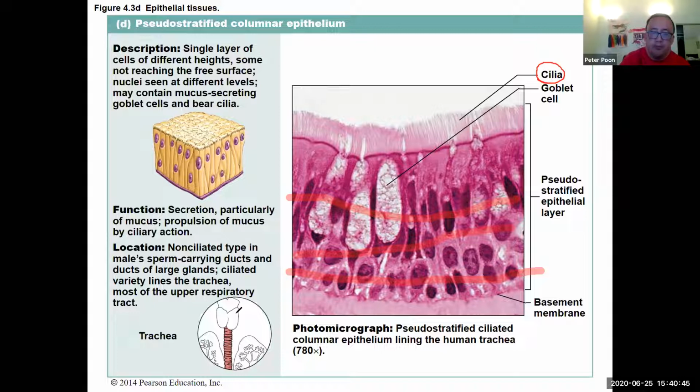So here's your throat. When you breathe air into your throat, the air is contaminated with a whole bunch of stuff, like pollen and bacteria and COVID-19 and other stuff that you do not want to be breathing in. So what do you do? Well, you secrete mucus. This stuff that you're breathing in will stick to the mucus.